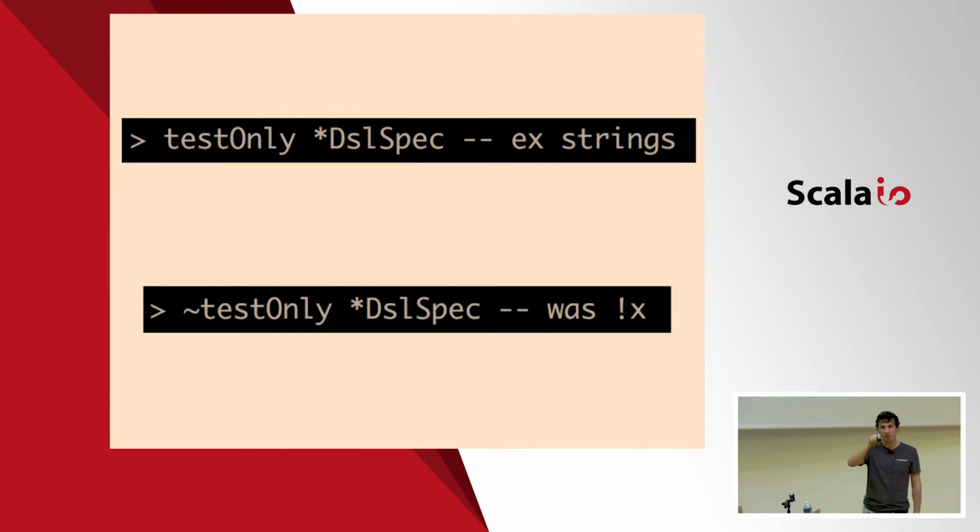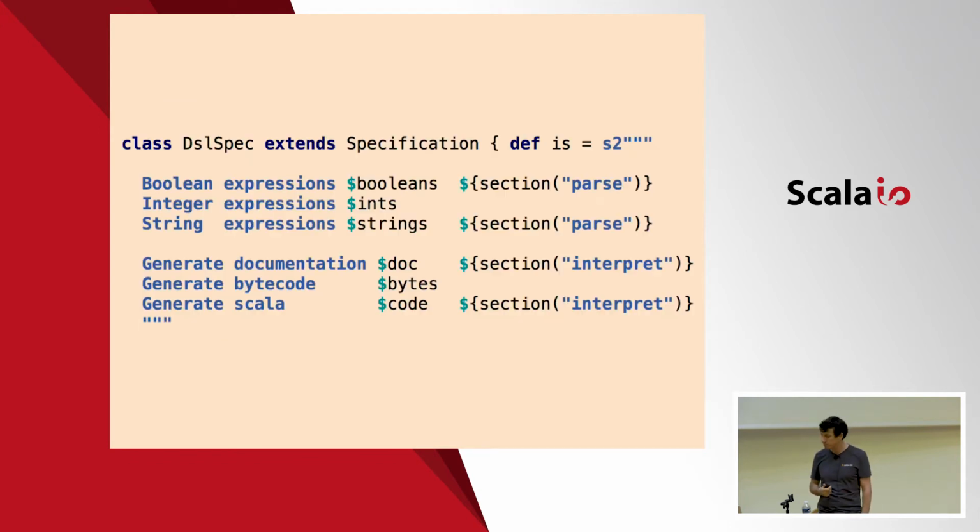So bang is for errors, and cross is for failures. So anything that was previously an error or a failure, please rerun it. And it will just rerun those tests. You don't even have to name them. And eventually, you hope that everything will be green and nothing will be selected anymore. So that's something that should help you in terms of productivity, having a faster turnaround.